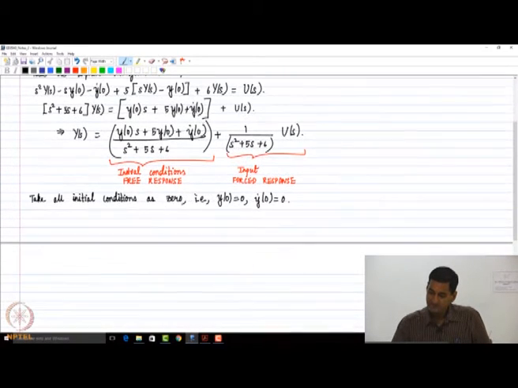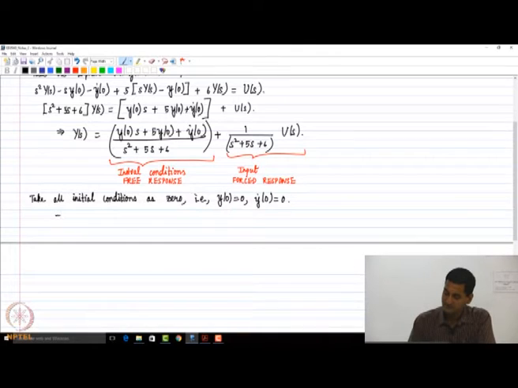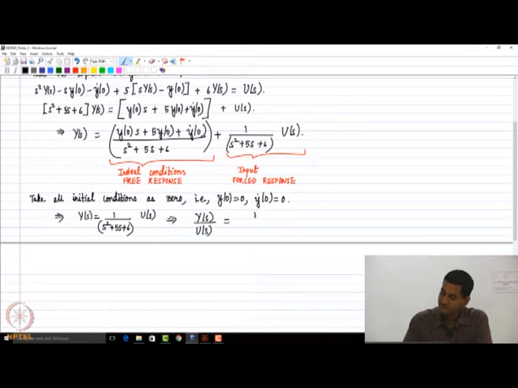Once I have that, the first term is going to vanish. So y of s is going to be just 1 by s squared plus 5s plus 6 times u of s. If I cross multiply, y of s divided by u of s is going to be equal to 1 divided by s squared plus 5s plus 6.